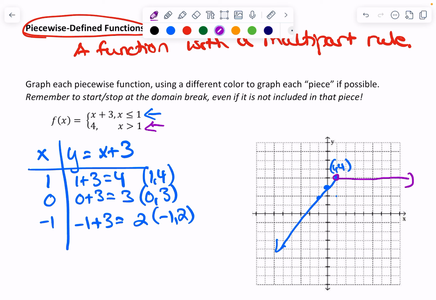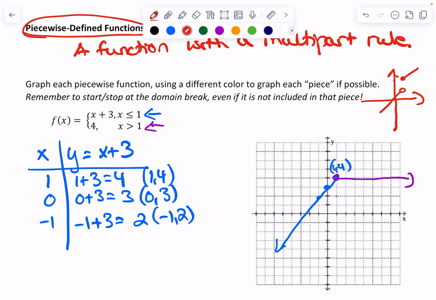So sometimes you might see where the piecewise function pieces are on the same point, like they start and stop at the same point. But sometimes you might see where the piecewise function, for example, starts from here and goes that way, and then the other side, the less than side, starts somewhere else.